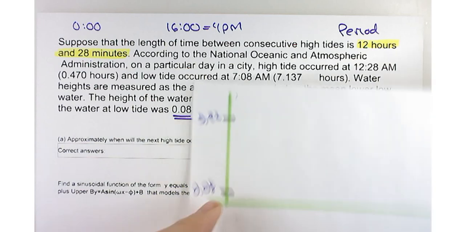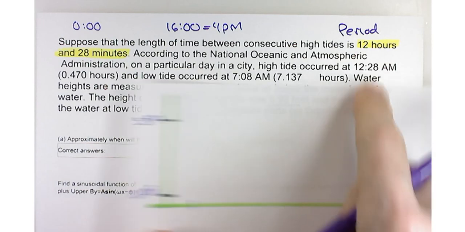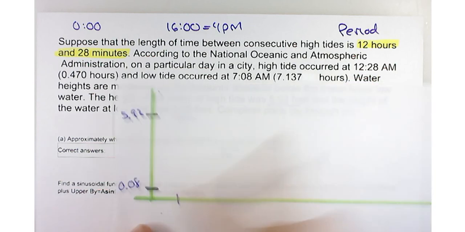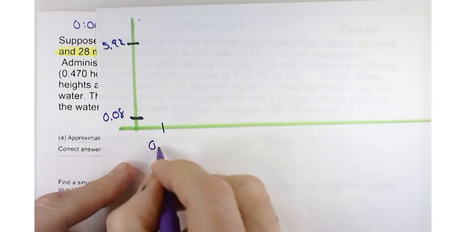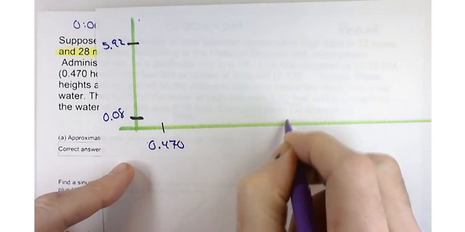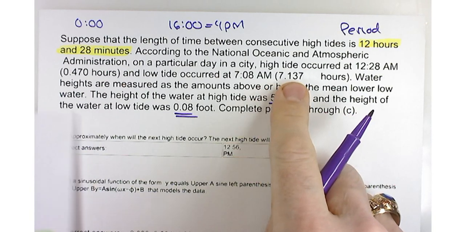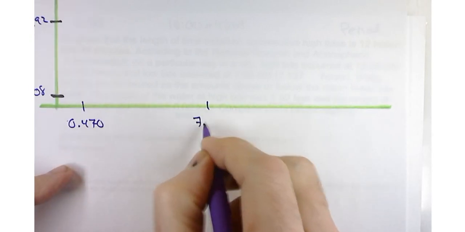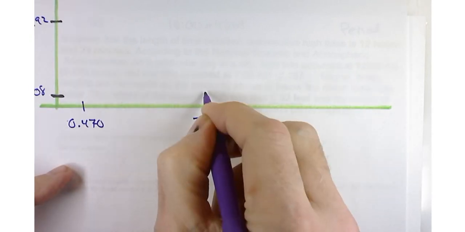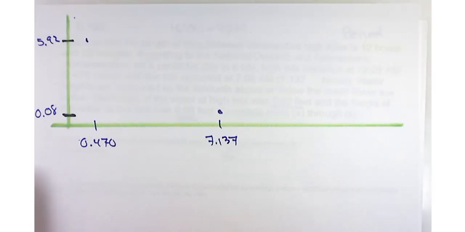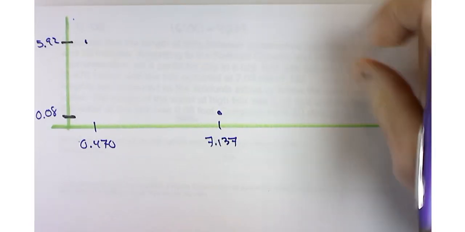So you had high tide at 12:28 a.m., which we'll call 0.47. And low tide is going to occur at 7.137 hours. So 7.137 hours is where you're going to be here and here. And let's see if we can't fit a curve here in between.